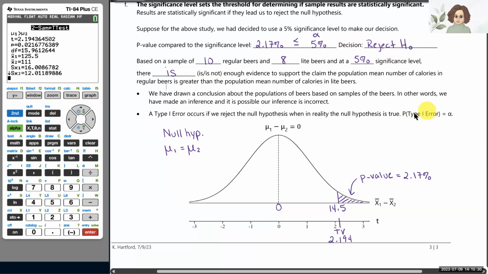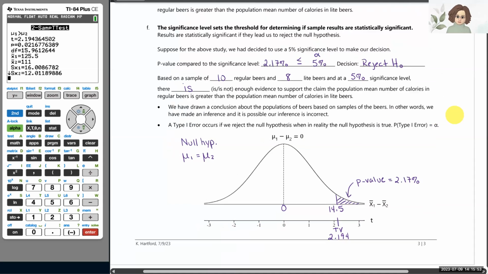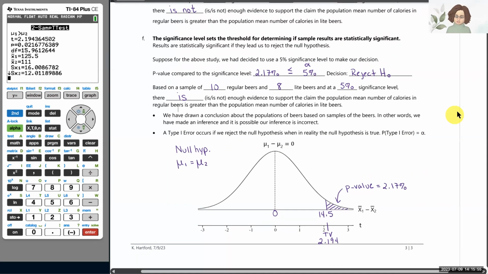The probability of making a type 1 error is the value that is selected for alpha. We rejected this null hypothesis at a 5% significance level. It is possible we made a mistake and that the means truly are equal, and the probability of making that mistake is 5%. All right, and that wraps up our 2-sample t-test.